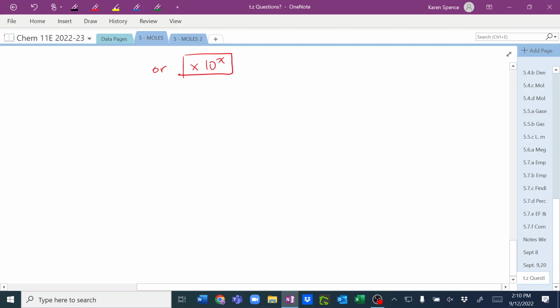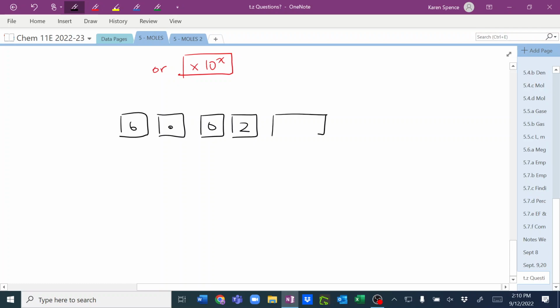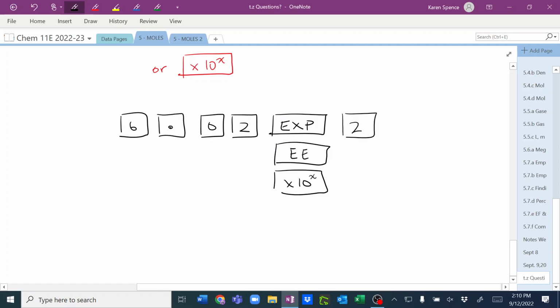So what you would be typing, let's say for 1 mole, is 6.02, and then you're going to type either whatever your calculator has, EXP or EE, or the times 10 to the, and then 23.